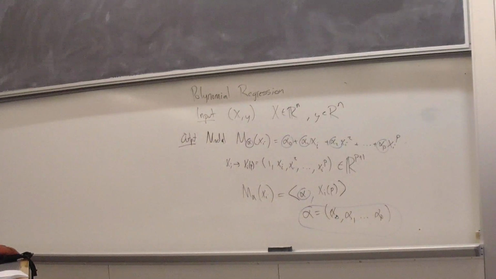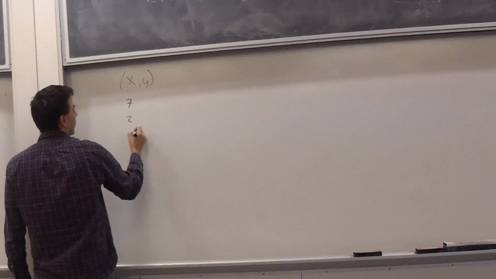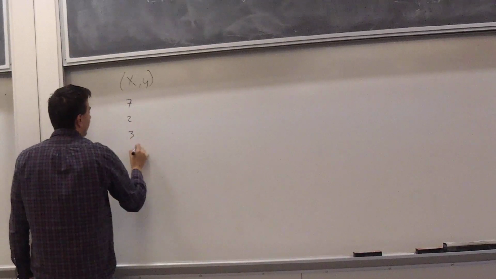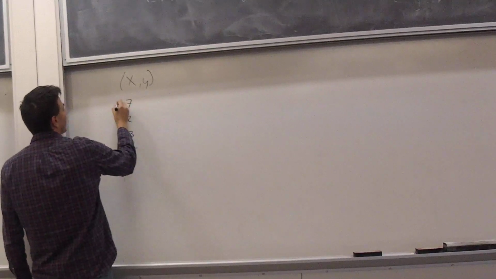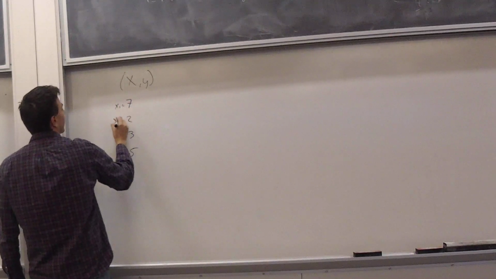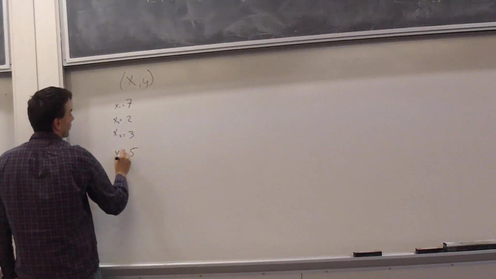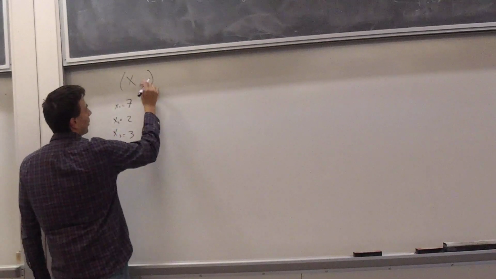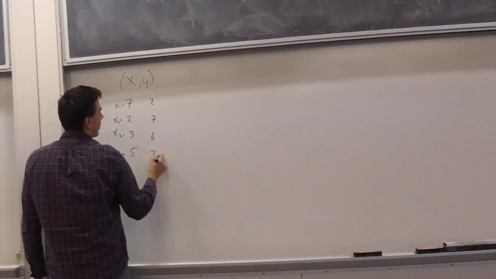But just to drive this home, I thought I would write up a small example. Okay, so let's say the input here is going to be 7, 2, 3, and 5. This is x1, x2, x3, x4, and then the y values might be 2, 7, 6, 3.